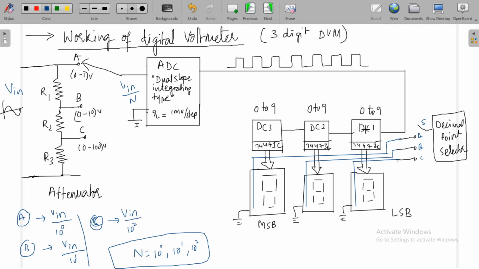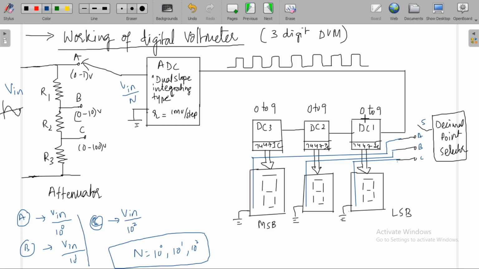This DC1 will produce BCD code. That BCD code is given to this 7447 IC, which converts the BCD code into 7 segment code. That 7 segment code is given to this 7 segment display to display a decimal number.